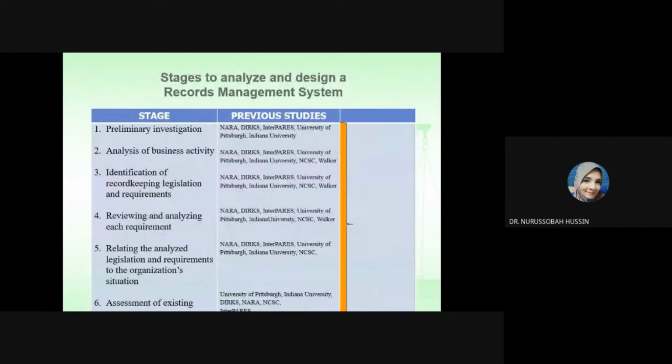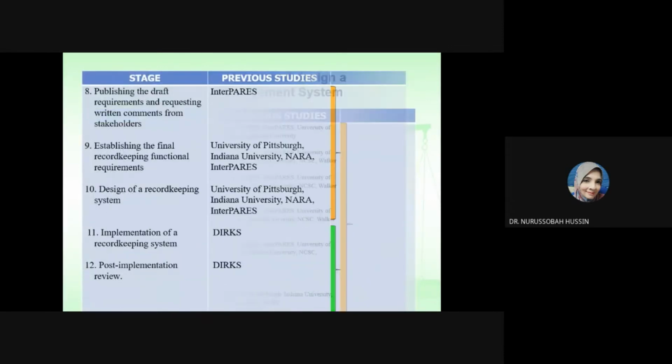So these are the stages to analyze and design a records management system based on previous studies. Before we start to design the electronic records management system, we have to do all these 12 stages.